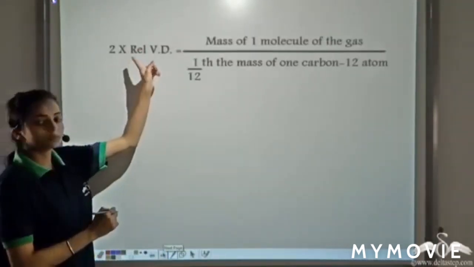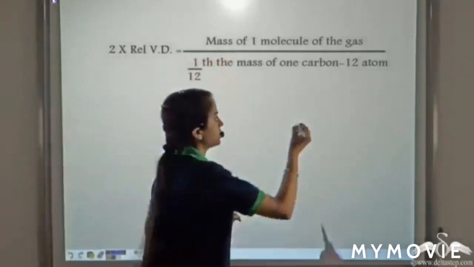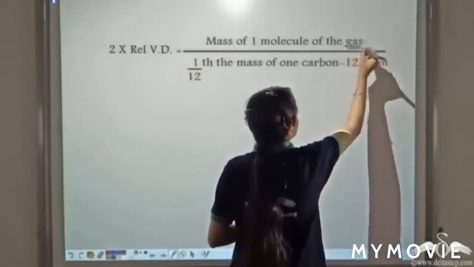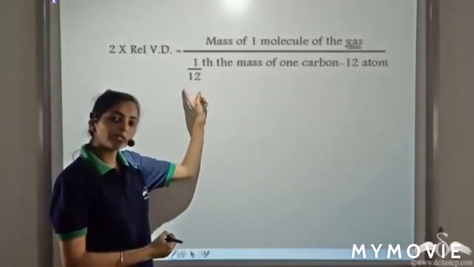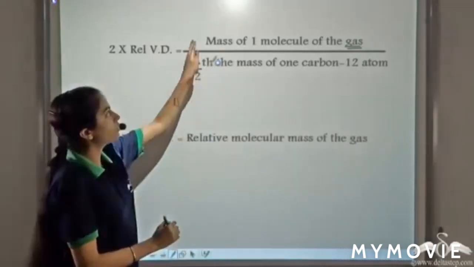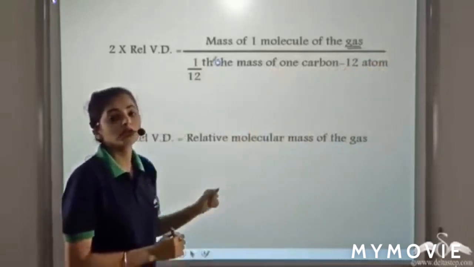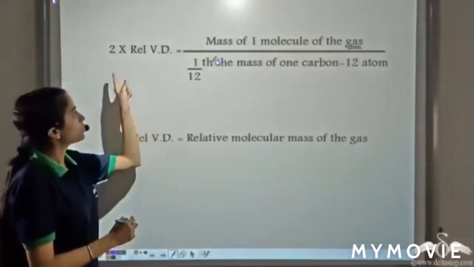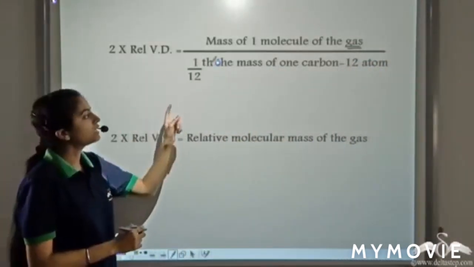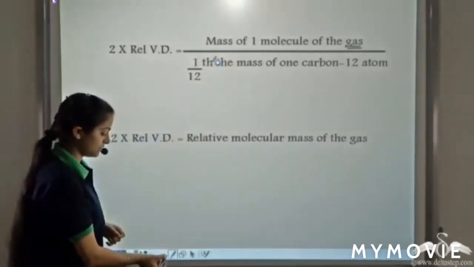We got 2 times the relative vapor density equal to the mass of one molecule of the particular gas divided by 1/12 the mass of one carbon-12 atom. So when we look at this, we get the relative molecular mass of the gas. So twice the relative vapor density is equal to the relative molecular mass of the gas.